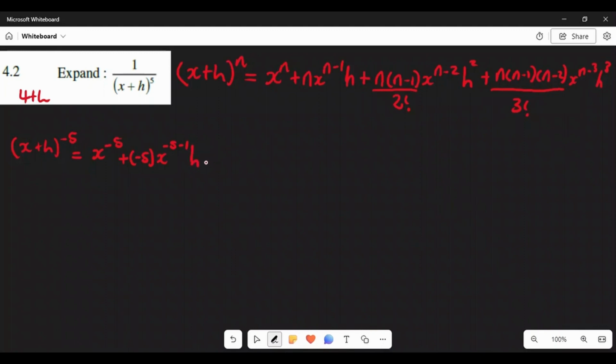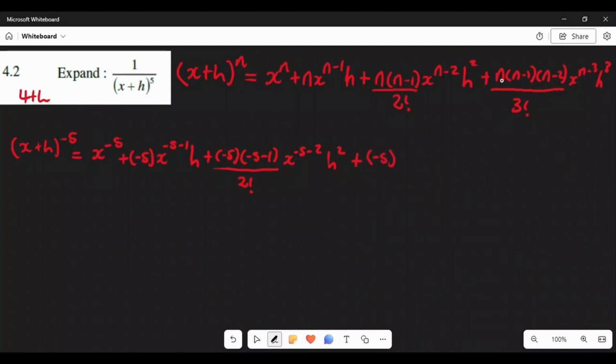Then we go to the third term, which is negative 5 multiplied by negative 5 minus 1, over 2 factorial, multiplied by x to the power of negative 5 minus 2, h to the power of 2. The last term, which is the fourth term, I would advise you to stop here.